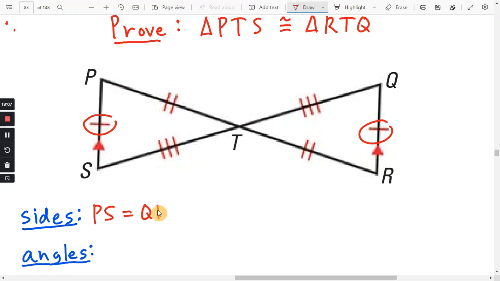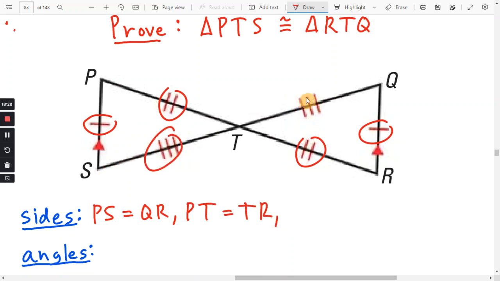You can also write them as congruent as well, but I'm being lazy. The ones with 2 marks, right here, that's PT, and right here, that's TR. So PT matches TR. And finally, with 3 marks, that's ST, and 3 marks, that's TQ. So ST matches TQ.